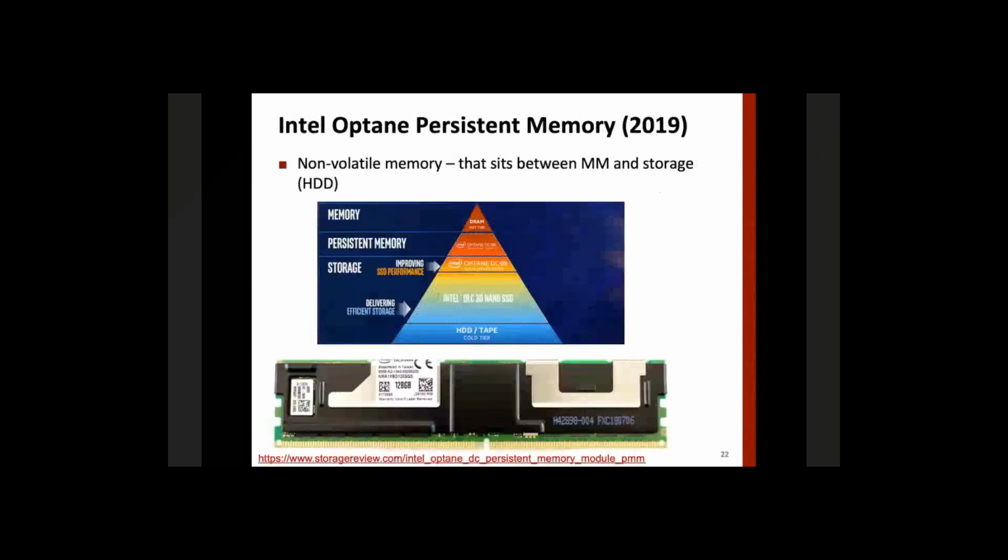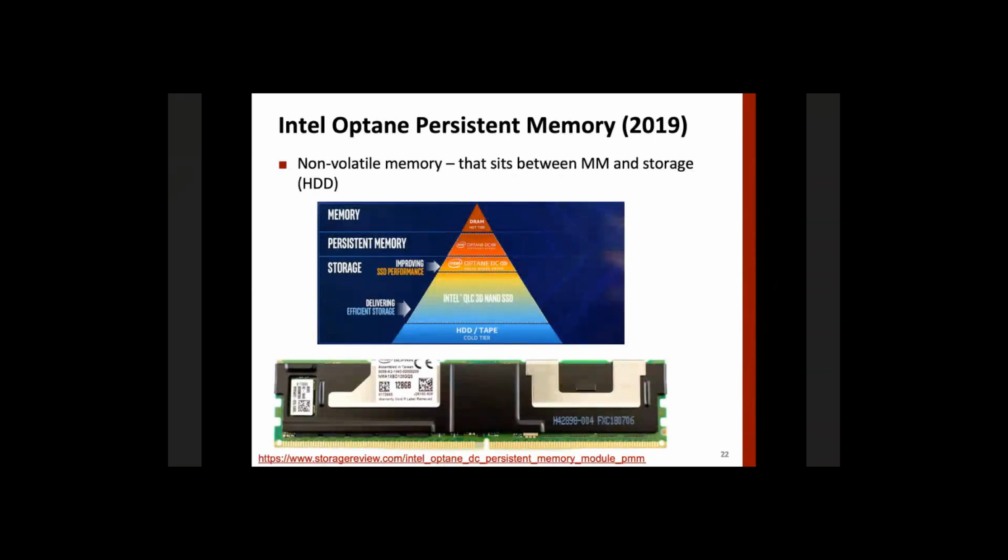And then last year, Intel came out with a memory called Intel Optane Persistent Memory. It's a non-volatile memory. Its access speed is faster than that of the solid state drive, and the cost is likely to go down.